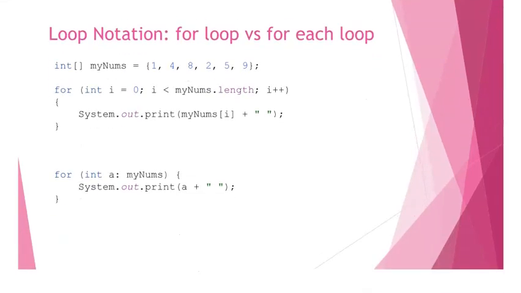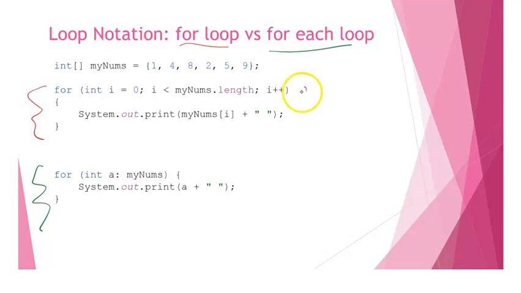Now, when we are working with these arrays, it is very, very common to loop through them. We can use either a regular for loop, which we see here, or a for each loop, which we see here. In terms of the differences between them, the regular for loop can do everything that a for each loop can do, but it also has some more flexibility.